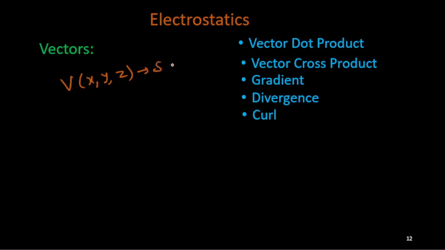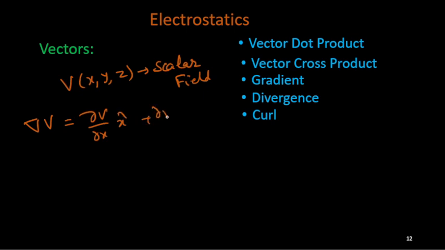The gradient, grad of V, will give you the direction and magnitude in which the function is increasing most rapidly, with maximum rate. That is the meaning of gradient. We can compute it in the Cartesian coordinate system as del V del x times x vector, plus del V del y times y vector, plus del V del z times z vector.